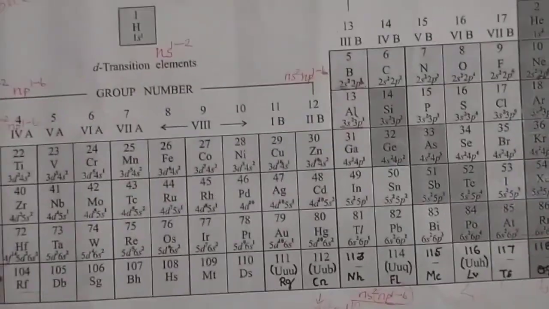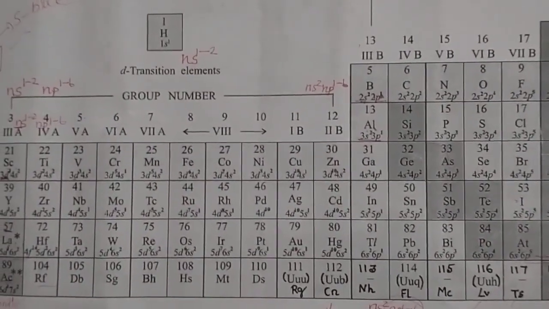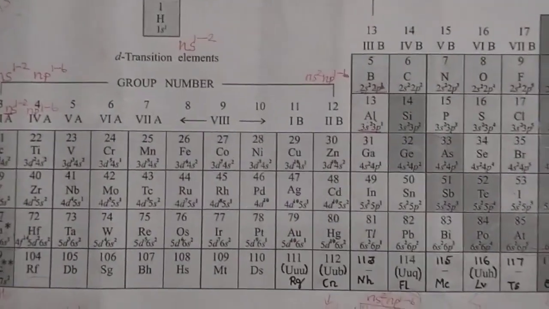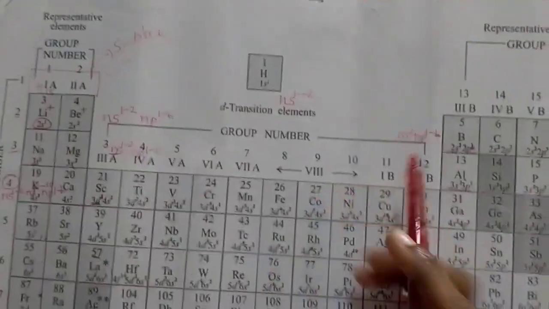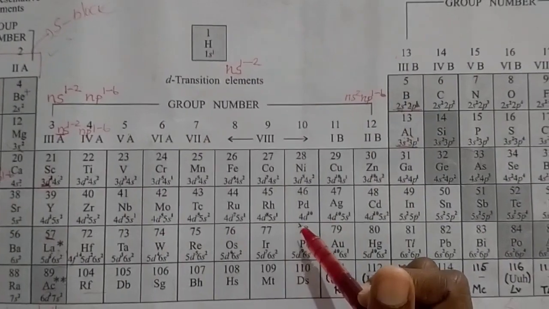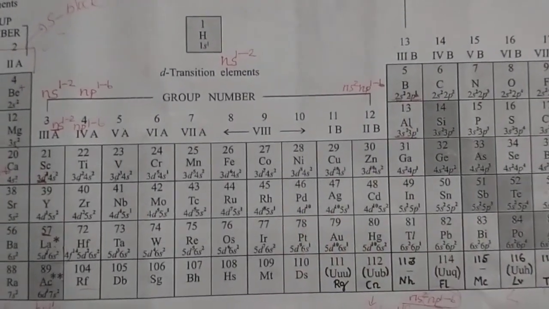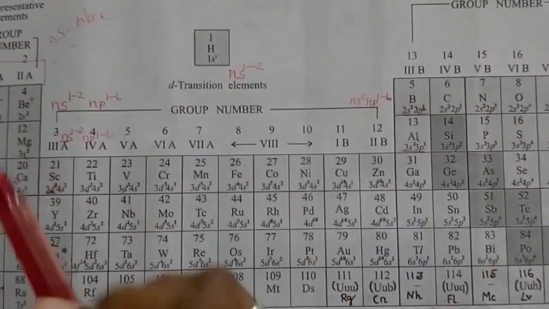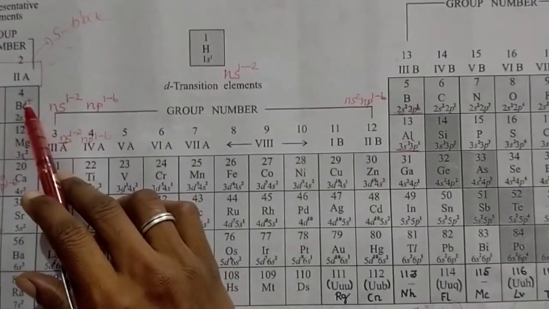This is due to the increase of nuclear charge and the decrease in the size of the atom. Why is nuclear charge increasing? Because of the addition of electrons to the elements.